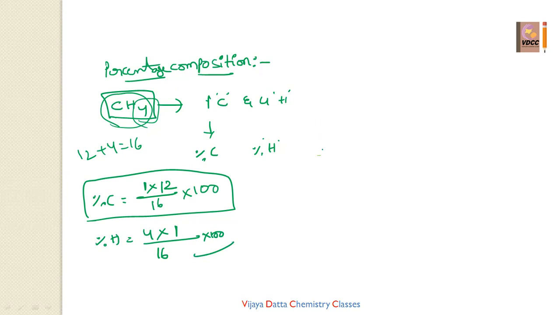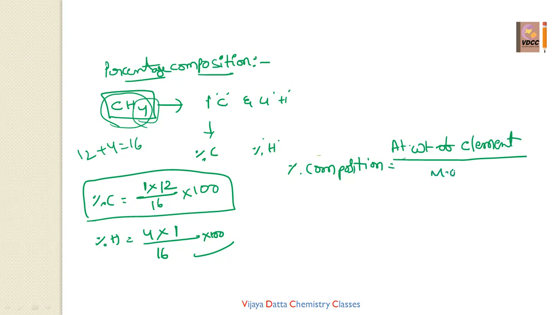So we can write the generalized formula: percentage composition equals the weight of the element, that is the number of atoms into the atomic weight of that element, divided by the molecular weight of the compound, into 100.